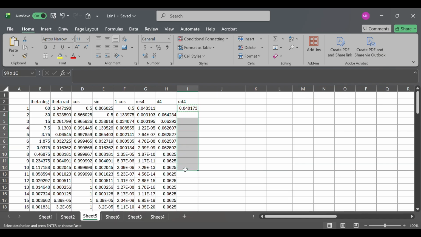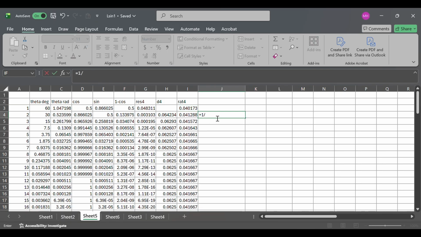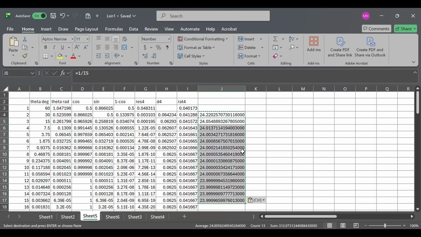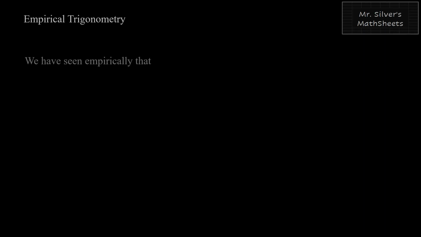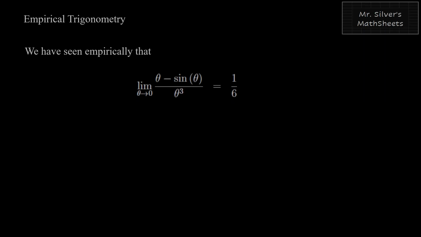So the ratio is the constant we're trying to find. And let's take the reciprocal of that number to see if we can recognize it. It looks like it's 24. Not exactly, but pretty close. It's about as well as you can get with this sort of data analysis. So this answers the question. So we found empirically these three limits.